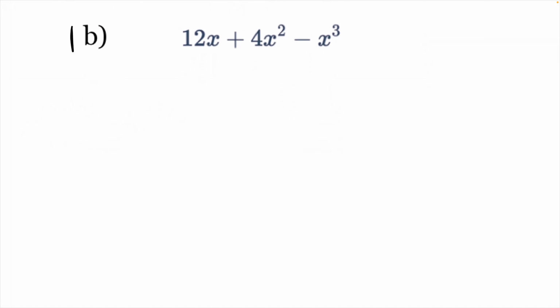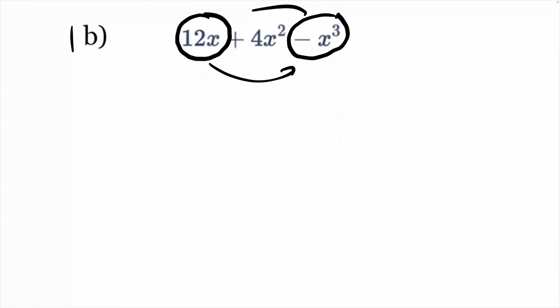No, they're kind of out of order, right? The first one needs to go last, and the last one needs to go first. The big power is over here. The one with the littlest power is over here. Those need to be switched.